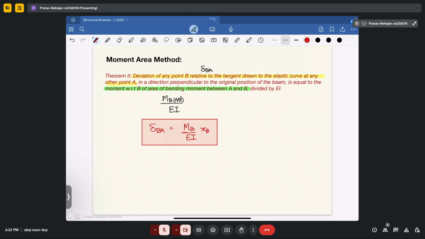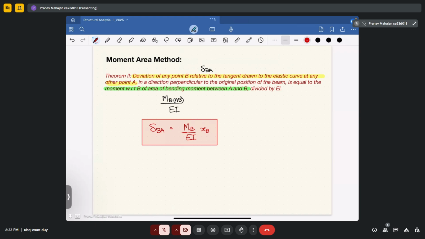After determining the bending moment diagram, if you have to determine the slope at one point, from that particular point to the first point, you will determine the area covered under that section, and if you divide it by EI, you will get the slope at that point.